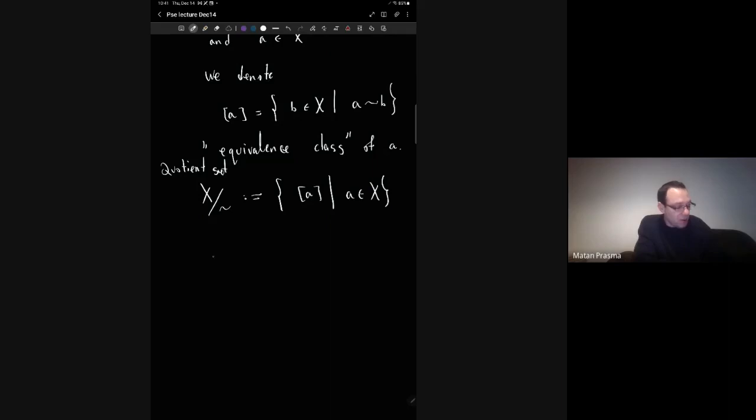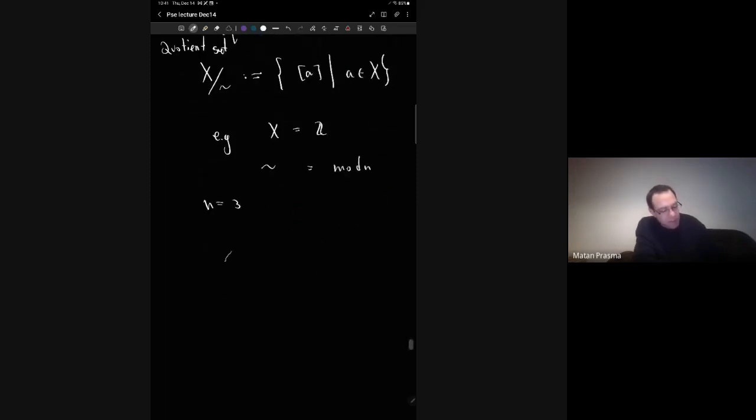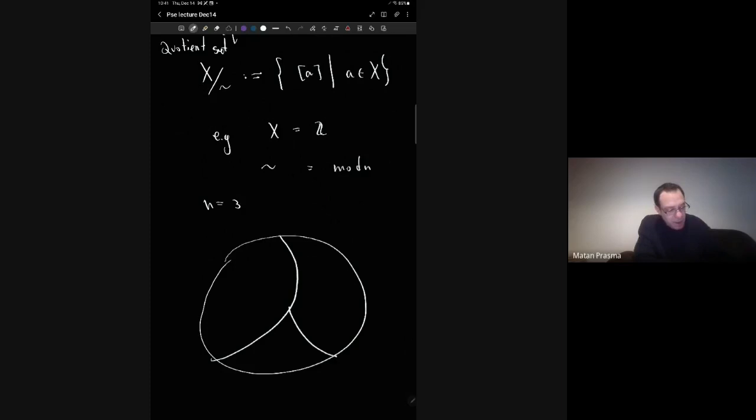And we had this example. I take X to be the integers, and the equivalence relation is mod n. Let's say n is equal to 3. Then the equivalence classes I have are, I can represent them in many ways, but one canonical way to do it is to take the equivalence class of 0, the one of 1, and the one of 2.